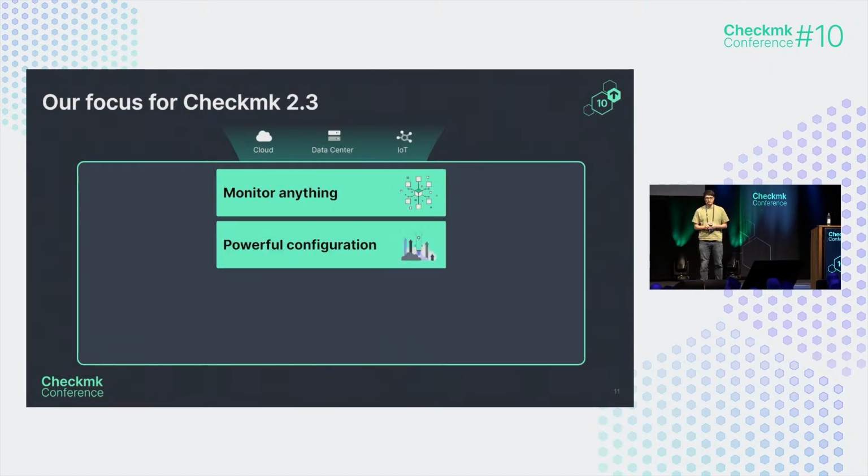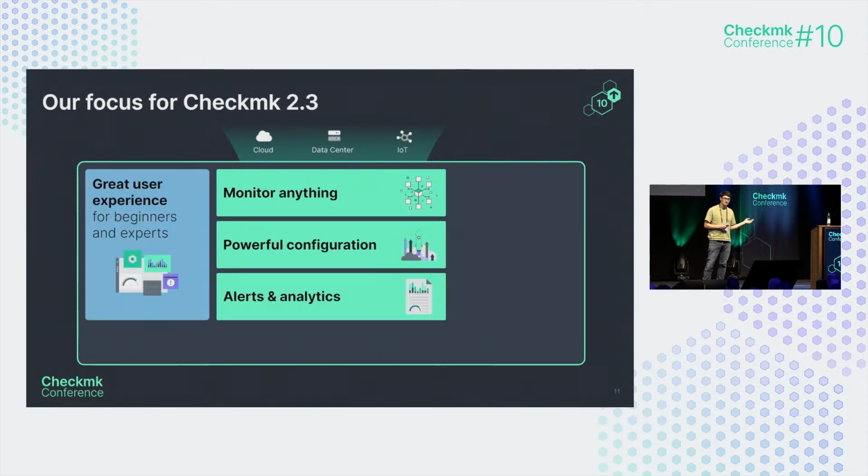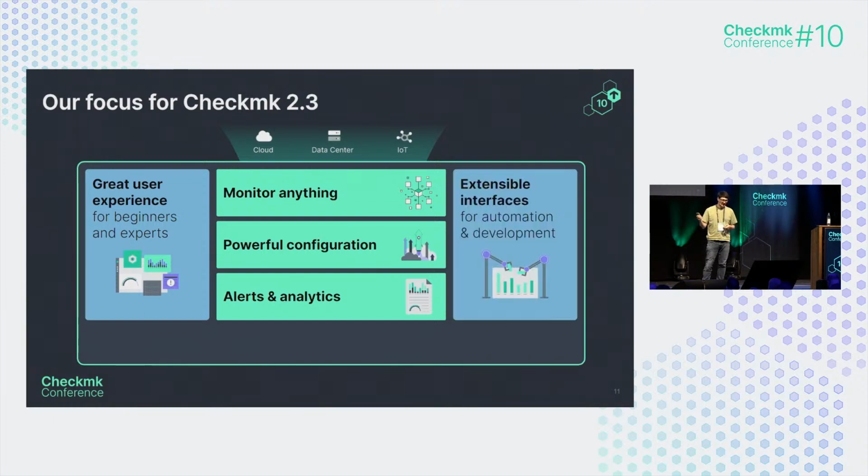Enabled by a powerful configuration, resulting in helpful alerts and analytics for finding the underlying issue, driven by a great user experience, and extensible interfaces for automation and development. And all that based on a secure and scalable monitoring platform. And I will also use this as a structure for the Checkmk 2.3 talk to talk about everything what's new.